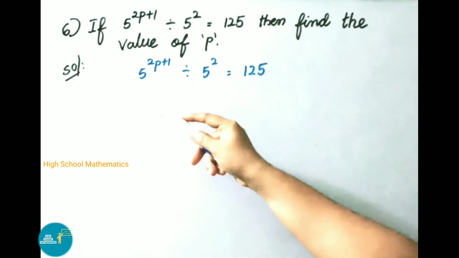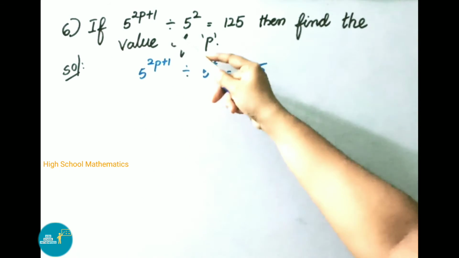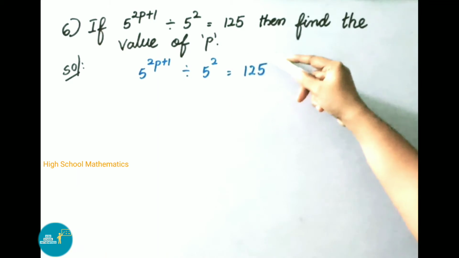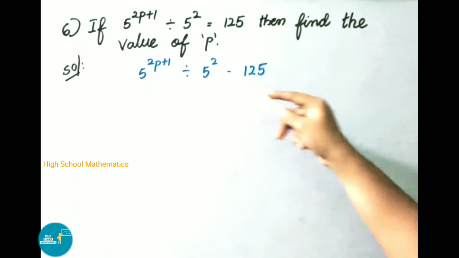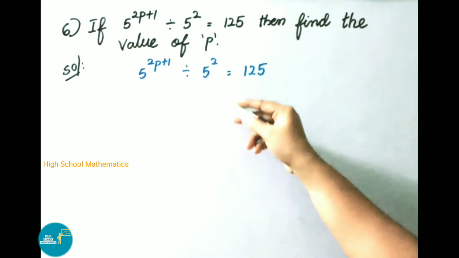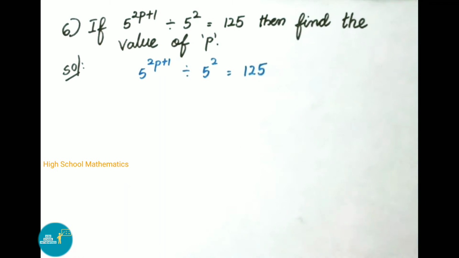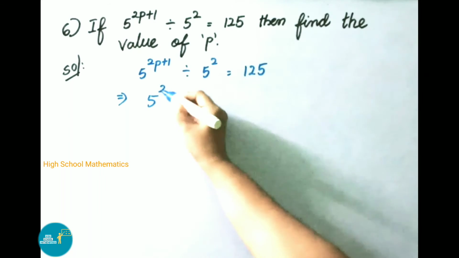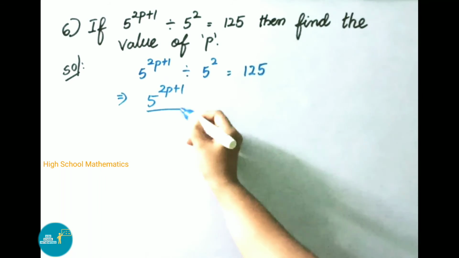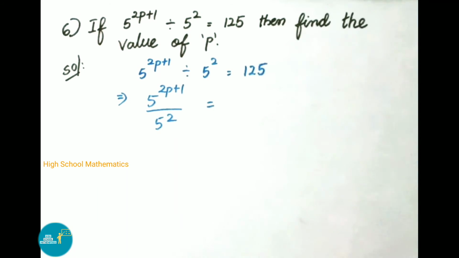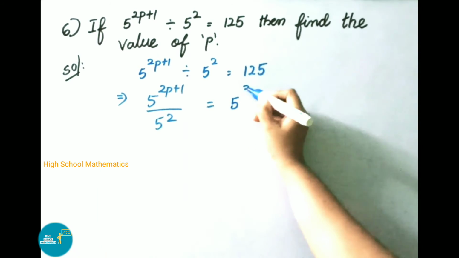Now question number 6. If 5 power 2p plus 1 divided by 5 power 2 equals 125, then find the value of p. Let us see the solution. Given 5 power 2p plus 1 divided by 5 power 2 equals 125, which can be written as 5 power 3.